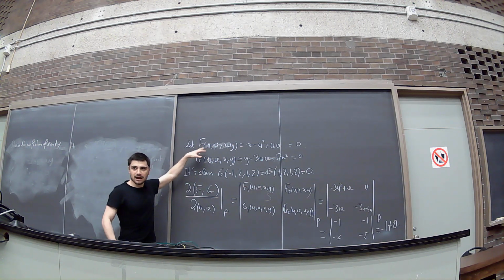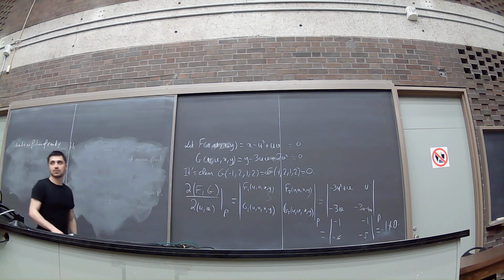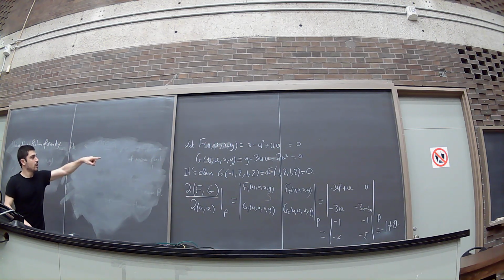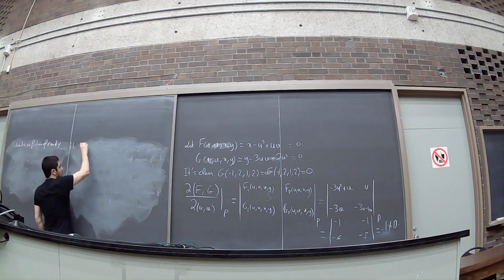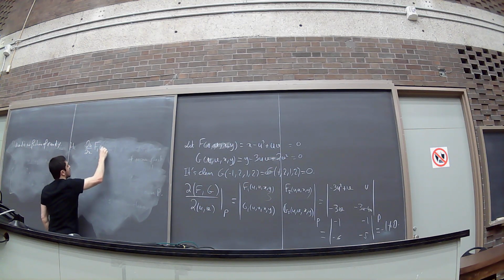Let's keep it in terms of f and in terms of g, not filling in the things. So I differentiate the first one with respect to x. What do I get? If u is a function of x, so I get del u del x, f1, f_u, v, x, y.